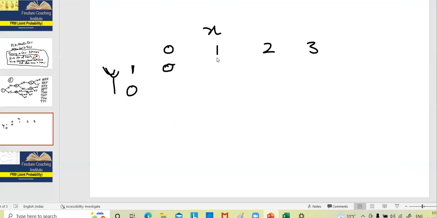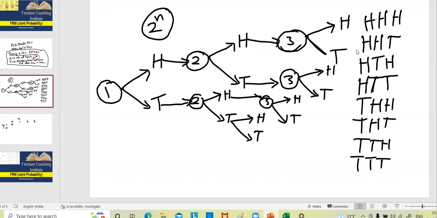Now, the probability of getting one head and a head in the first toss. So let's have a look. We can see that these are the first four outcomes wherein we have a head at the first toss, and we have to find out where we have only one head.